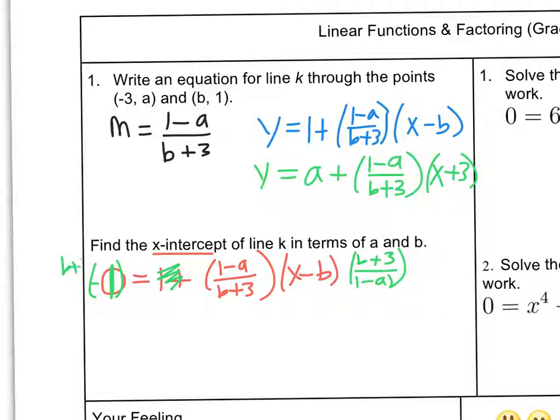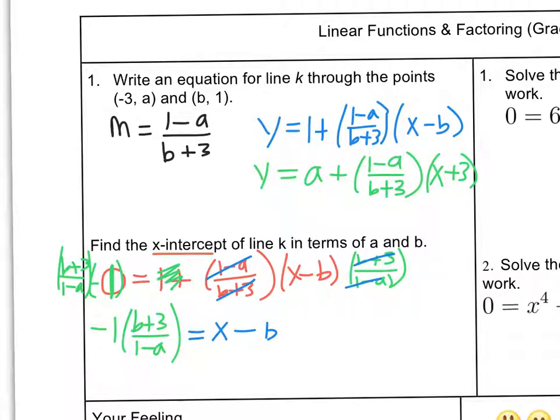When I do that, I'm just left with negative 1 times b plus 3 over 1 minus a. And on the right side, those pieces cancel out, leaving me with x minus b.